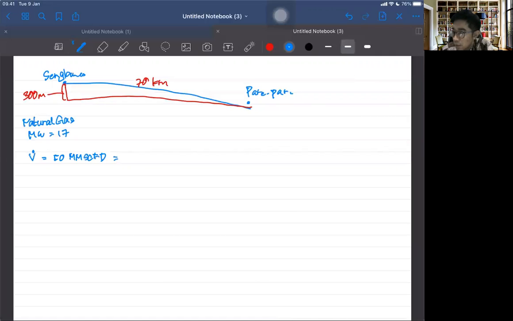So it's 50 times 10 to the power of 6 cubic feet per day, 50 million standard cubic feet per day.